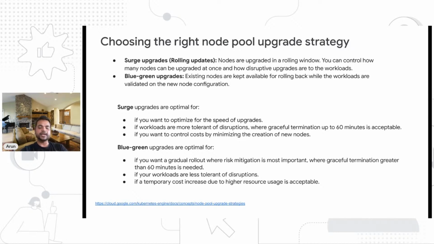So the capacity might be a bit of a risk here, but the upgrade itself is highly available. And as I mentioned, this is for workloads that are less tolerant of disruption. Since you need similar infrastructure for a shorter period of time, it may add to your cost.